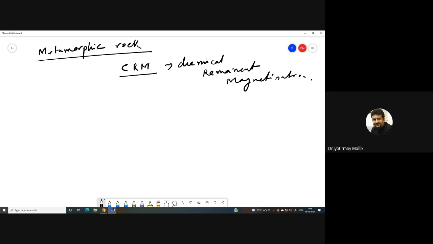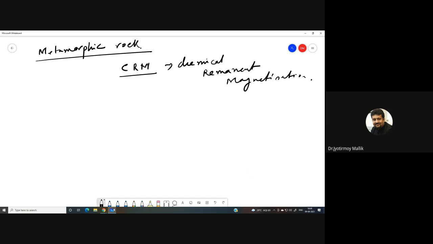Okay, now it is the way you look at it, basically. If you think that the metamorphic event is actually the start of the formation of the rock, then you can treat it as a primary magnetization.